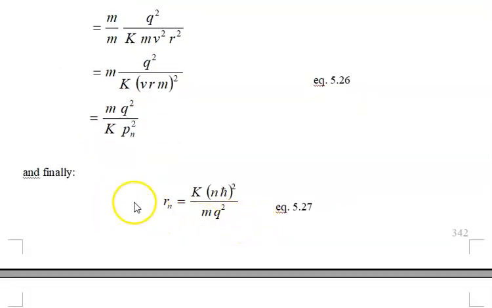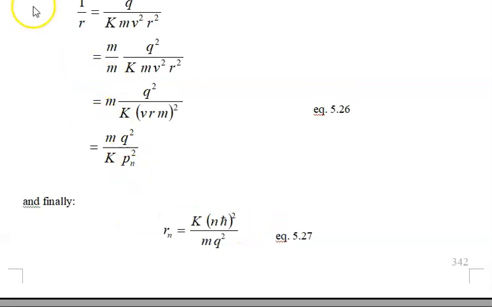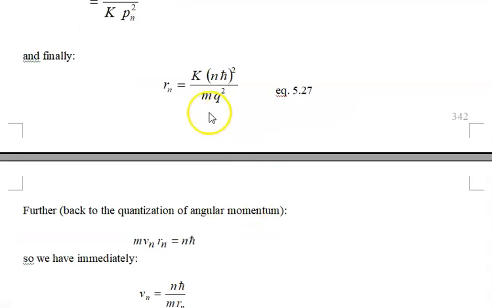And so finally we have r sub n just by flipping the left side and the right side, and it's quite clear, and then just substituting explicitly for the angular momentum, which is equal to an integral number multiplied by h bar, and that's an important equation.